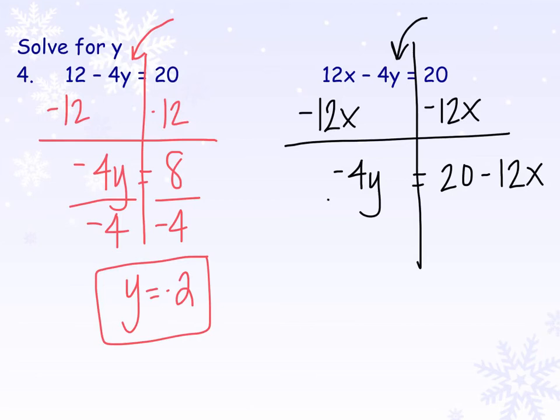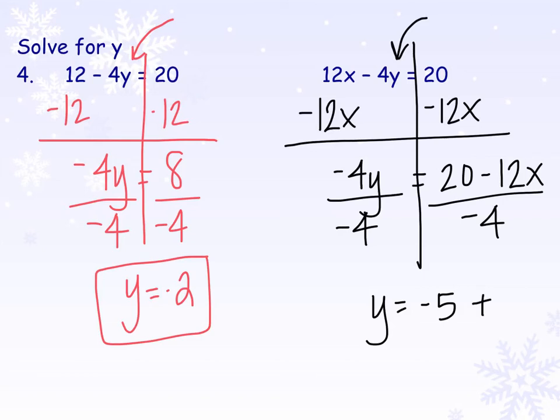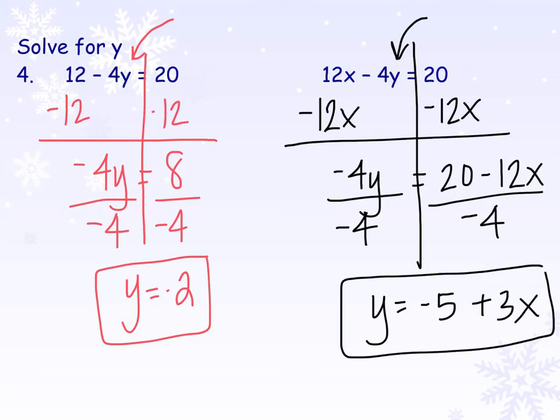I need to divide both sides by negative 4 to get y alone. So y is equal to, and in this case, both terms are divisible by that 4. So 20 divided by negative 4 will give me a negative 5. And negative 12 divided by negative 4 will give me a positive 3x. I'll end up with y equals negative 5 plus 3x.